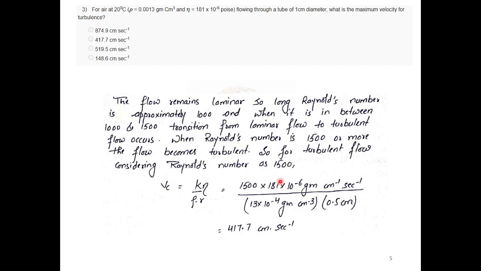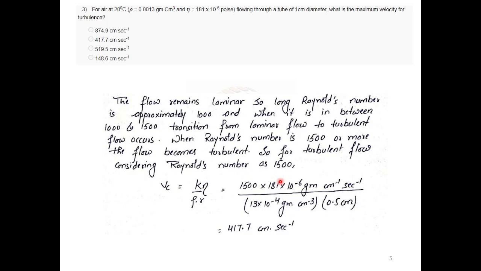Now this question is also an important question, but here you need to remember the value of the Reynolds number, which is generally taken as 1500, and you know this rho. Here is a good question. If a higher density fluid is channelized through some diameter, let's say rho 1 and rho 2, with rho 1 greater than rho 2, which has the more critical turbulence velocity?